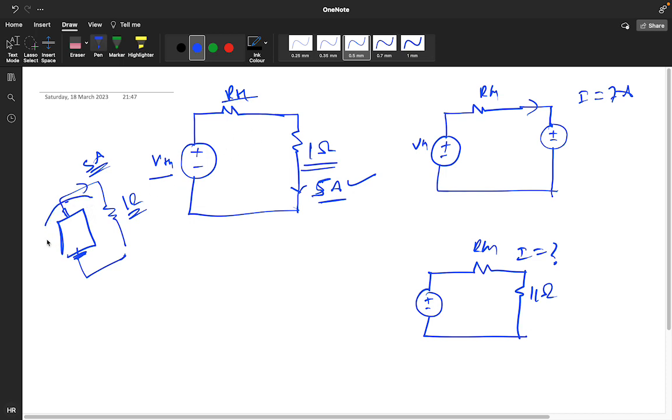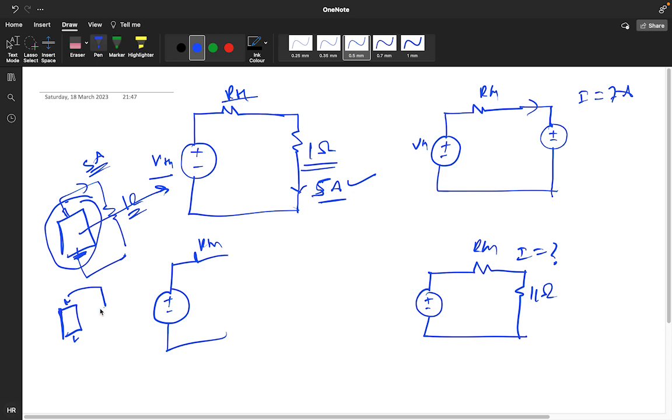So this battery can be replaced like this: VTH and RTH. If the same battery is connected to a 2 volt source, positive negative, it will deliver a current of 7 ampere. When this battery is connected to an 11 ohm resistor, they are asking for the current.